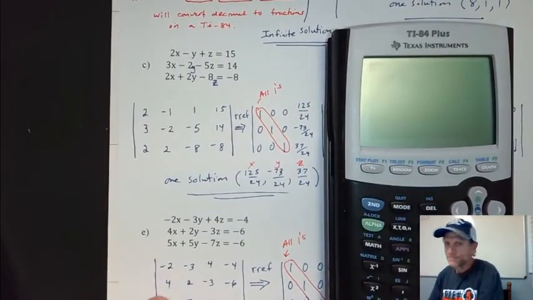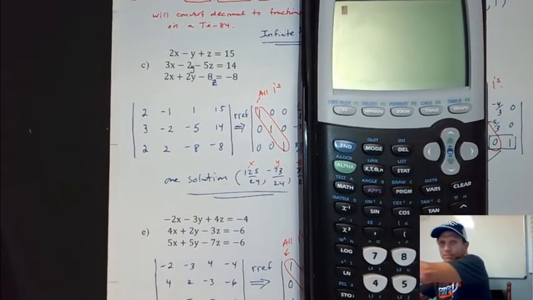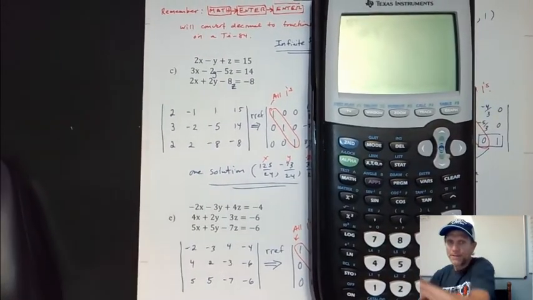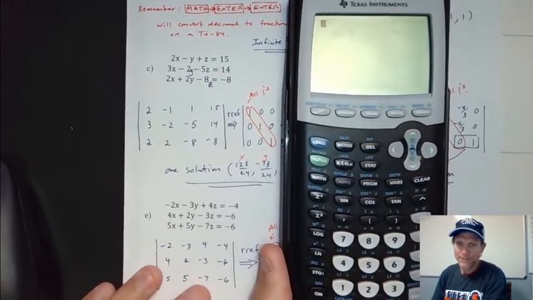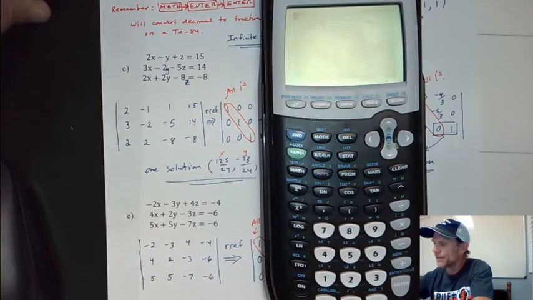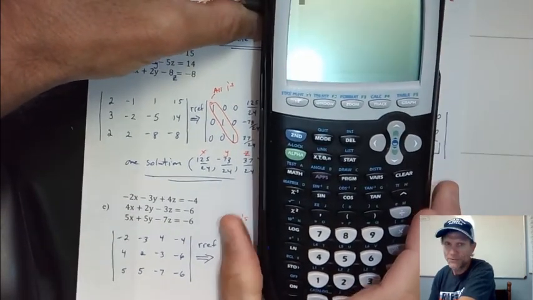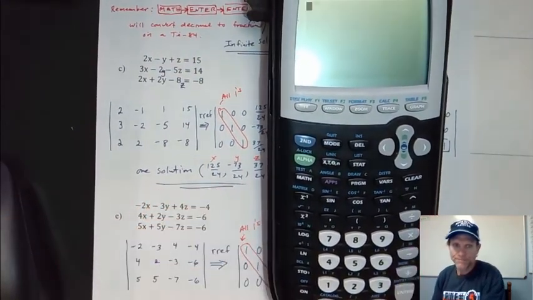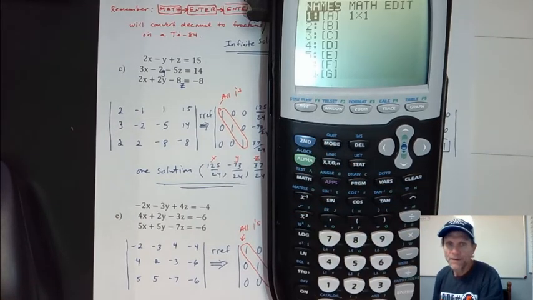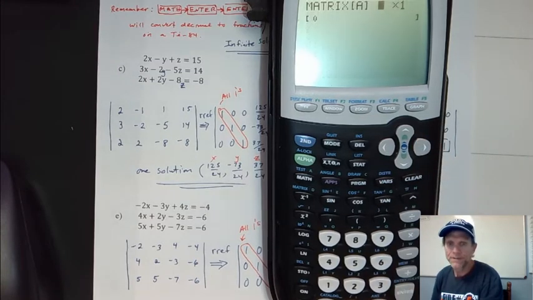Okay. So you might not be able to see 100% of the keys, but if I get this adjusted a little better here, I'm going to enter in the values into the matrix here. I have to set up my matrix, and I'll do that by going into matrix, and then I'll go to edit.